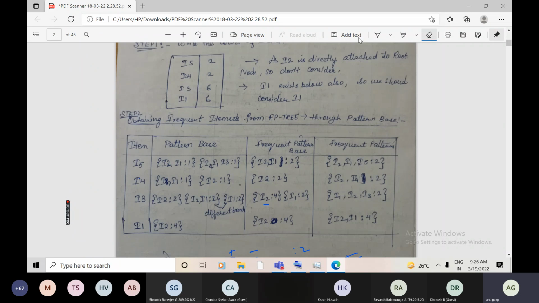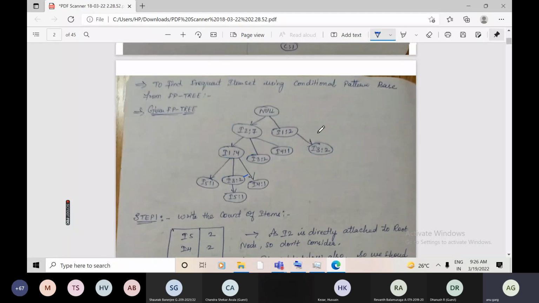But in this case, you should take these two as one set and this one as a separate set, because this I1 is from a different branch. From the root you have two branches at the top level, and for that I3, this I1 is coming in a separate branch altogether. It is nowhere connected with this one. That's why. Okay, thank you.